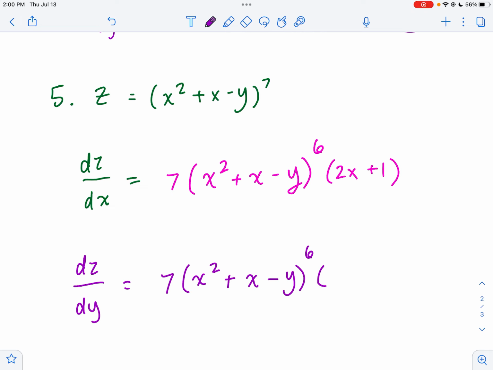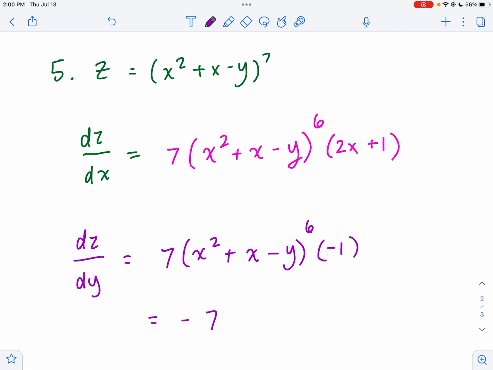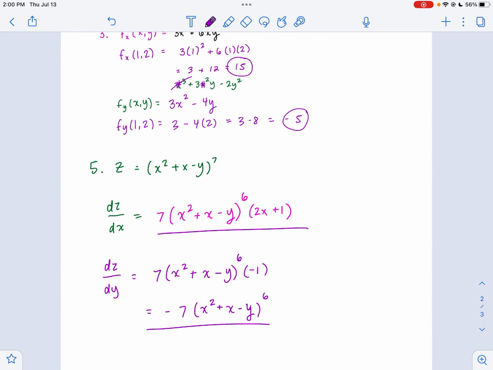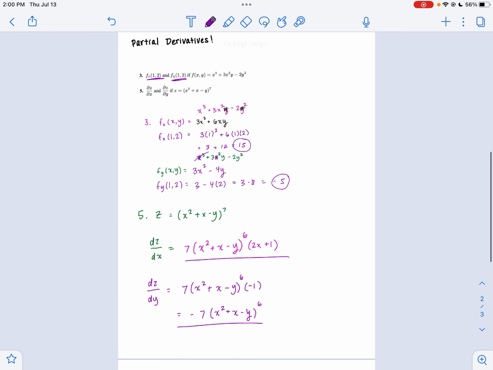There's no y's next to those x's, meaning the only piece I have here, the derivative of negative y, would be negative 1. So in this case, it might make most sense for us to write negative 7, and then (x squared plus x minus y) to the 6th power. So these would be our two separate answers for number 5, our partial derivatives.